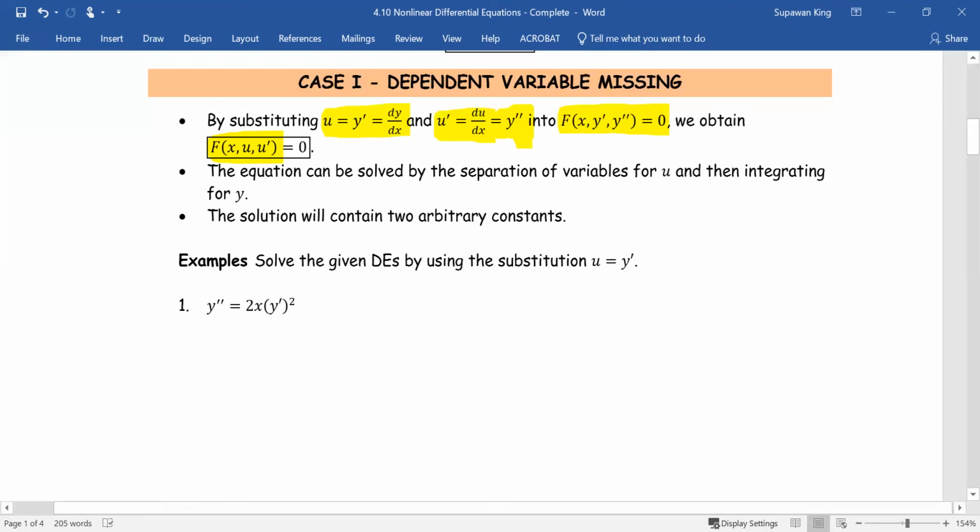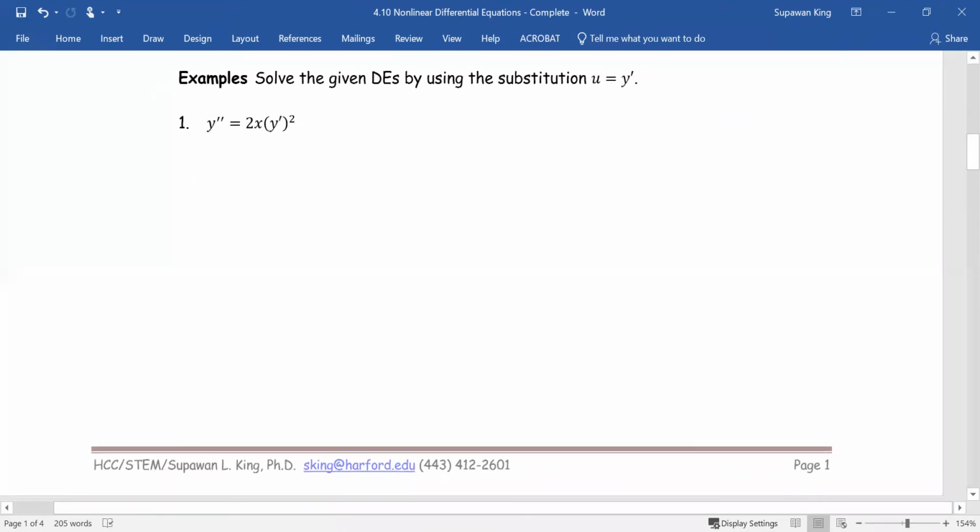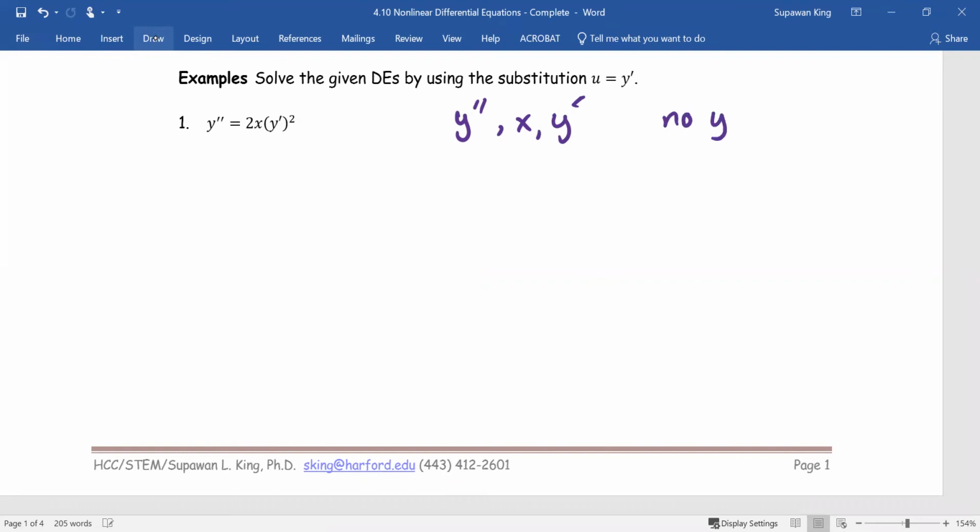In the first example, we have y double prime, we have x, we have y prime, and as you see, no y, or no dependent variable. Let u be y prime, which is dy by dx. As x is still in there, we keep x as the independent variable.